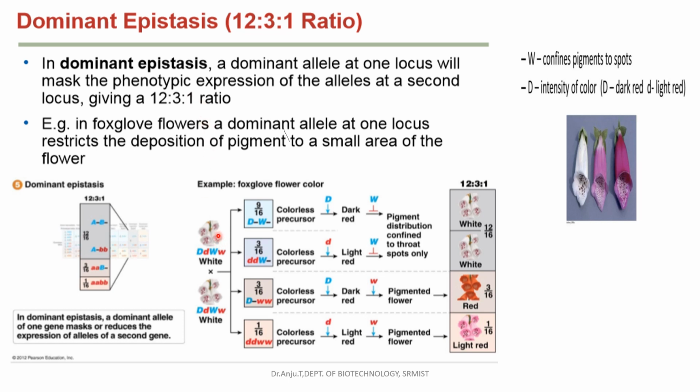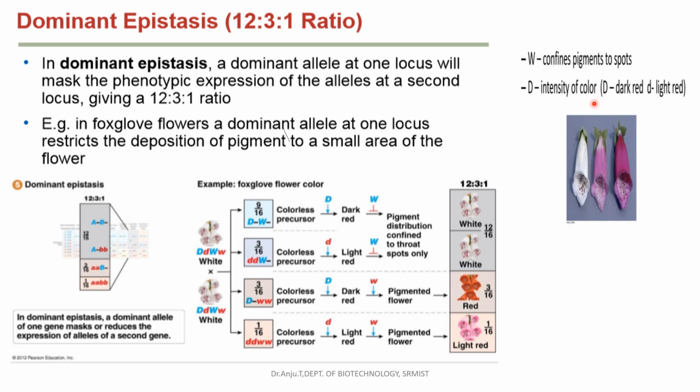Let us take an example, pigmentation in foxglove flowers. Here the foxglove flowers get their pigmentation because of the interaction of two genes: gene 1 is D and gene 2 is W. The gene D is responsible for the color, that is the pigmentation.